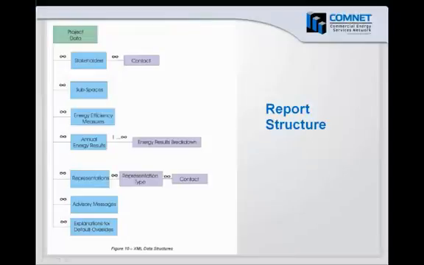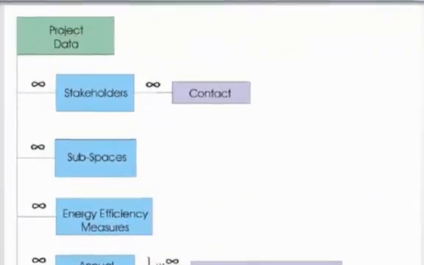This is just a level of abstraction of the COMNET schema that we have. It shows that at the root level we have a project data or a report that encompasses all of the report information. Again, these don't actually represent data elements in the schema, but it's a slight level of abstraction.